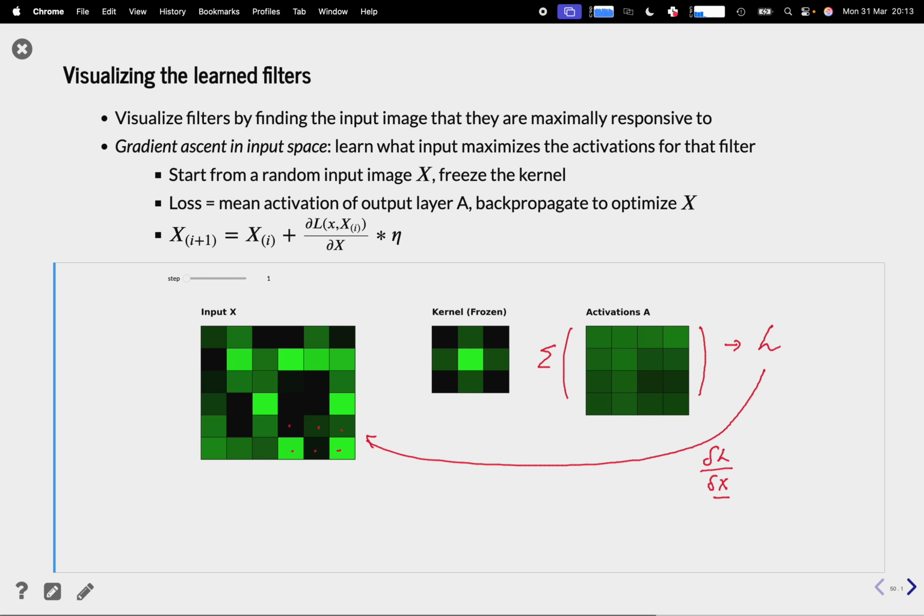Right? And so we're going to tweak all the values of the inputs up or down a bit so that the loss goes down. So if this particular input value was high and the output was too high, then we'll decrease that value of the input and so on, right?